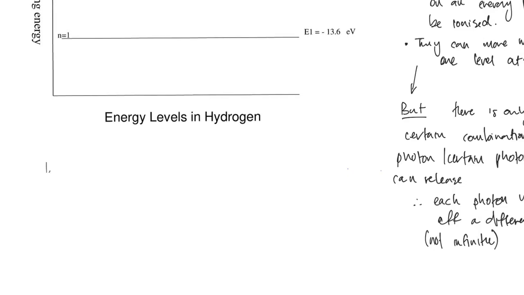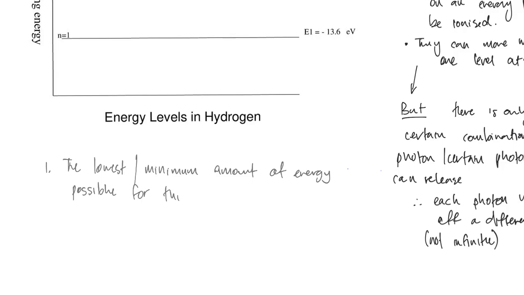Number one, the first thing is the lowest or the minimum amount of energy possible for this atom to emit a photon.